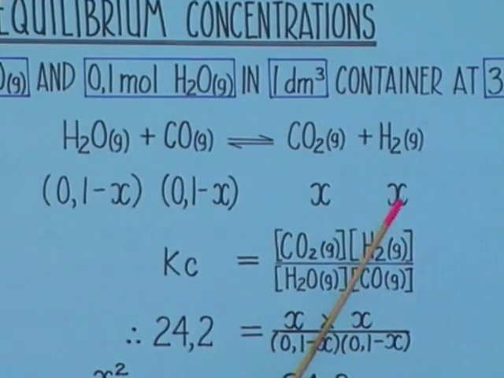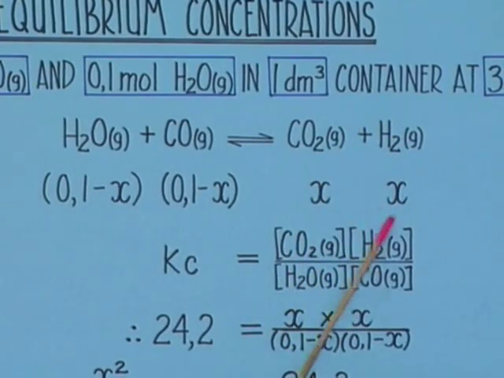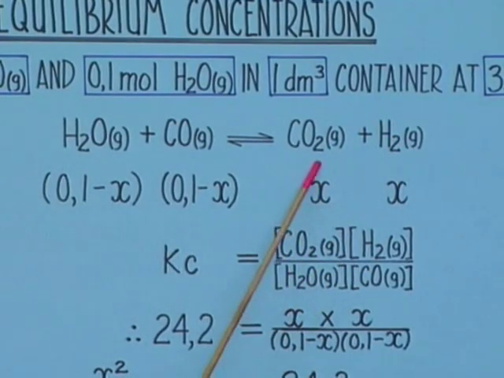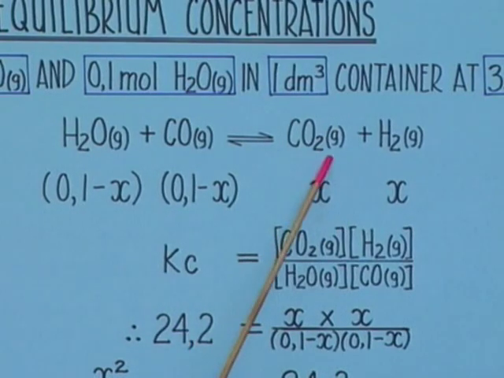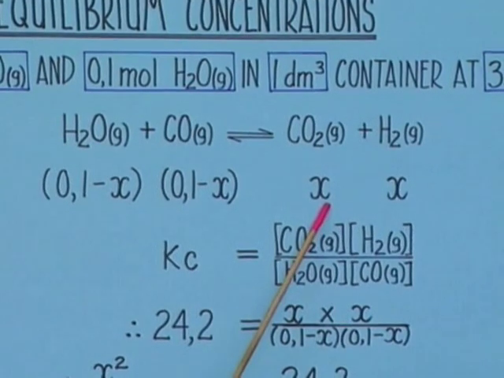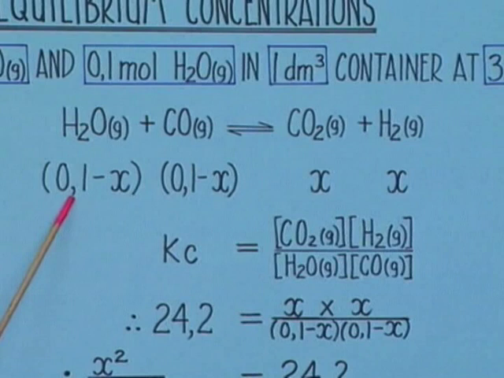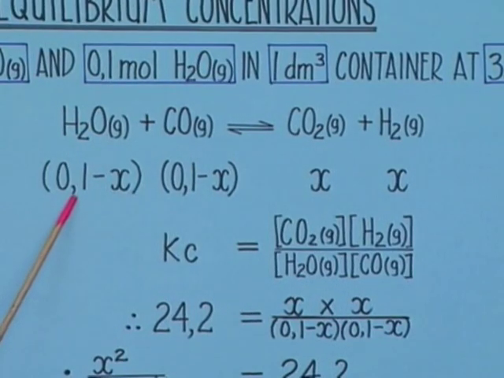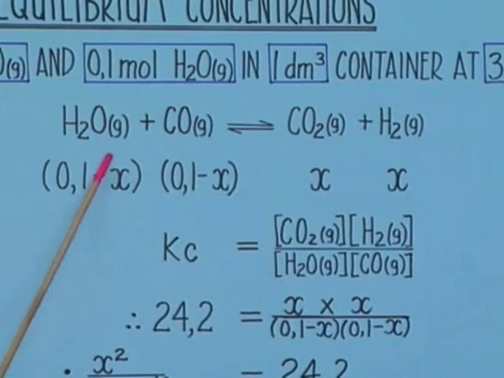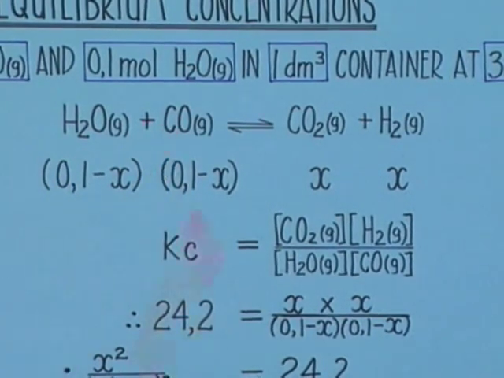So, if the concentration of the hydrogen at equilibrium is x mole per cubic decimeter, then that of the carbon dioxide at equilibrium will also be x mole per cubic decimeter. And the concentrations of the reactants will be 0.1, the initial concentration, minus x for the water concentration, as well as for the carbon monoxide gas concentration.